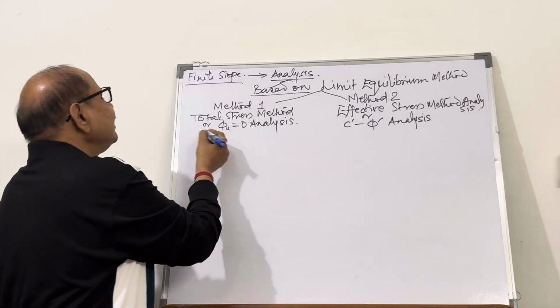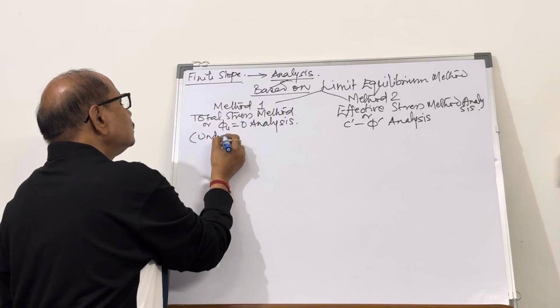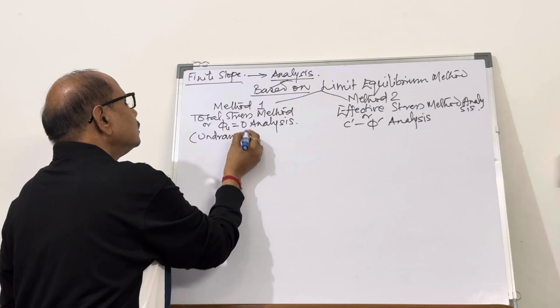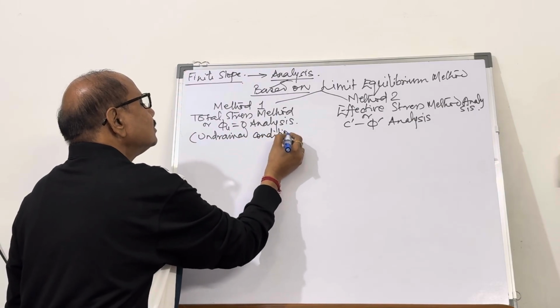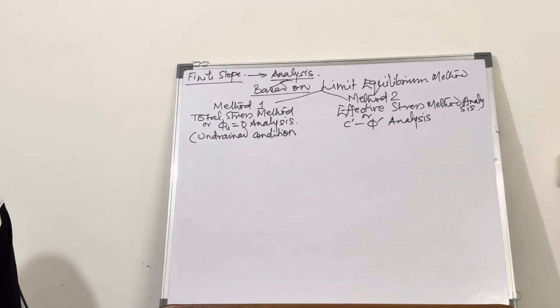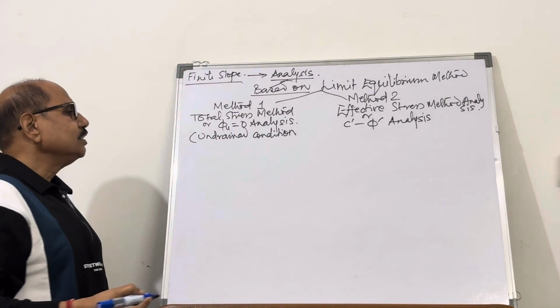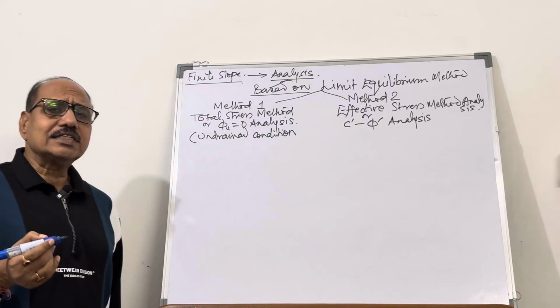The first is an undrained condition, as you know, for any homogeneous soil mass, when the pore water pressure is not dissipated.